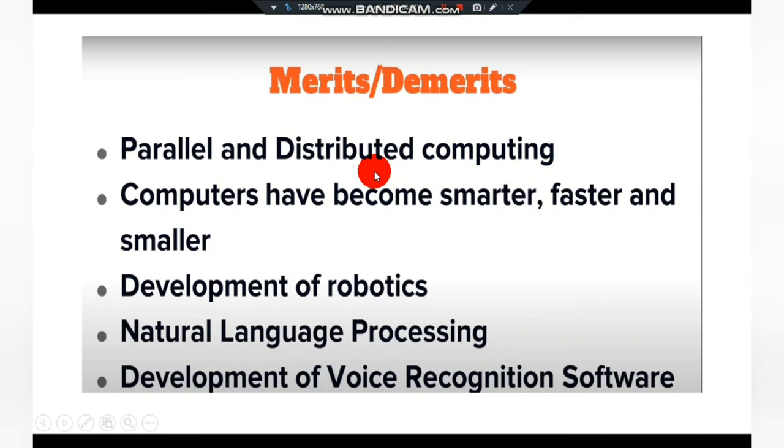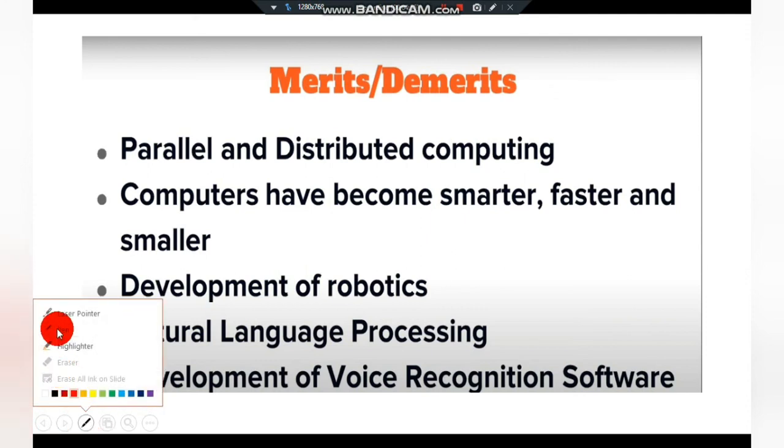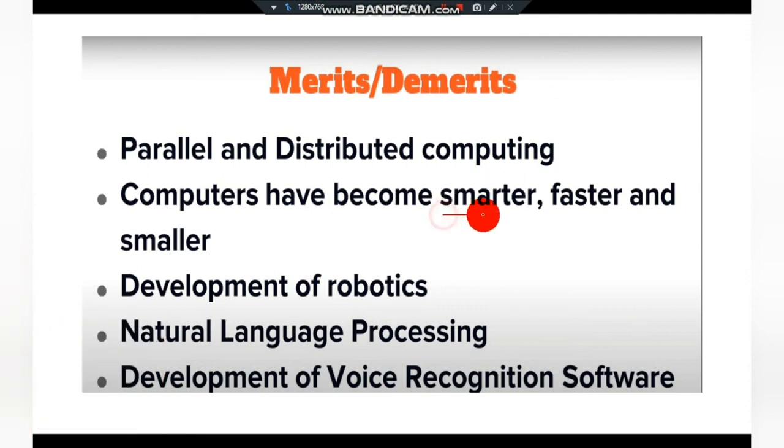Distributed means we are working from anywhere in the world, but the process can be combined in one particular place, so persons can work in different places. And computers have become smarter, faster and smaller. Now the computers work very finely and are very small.